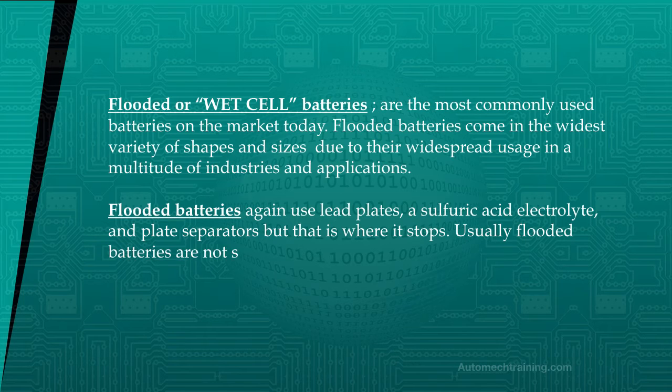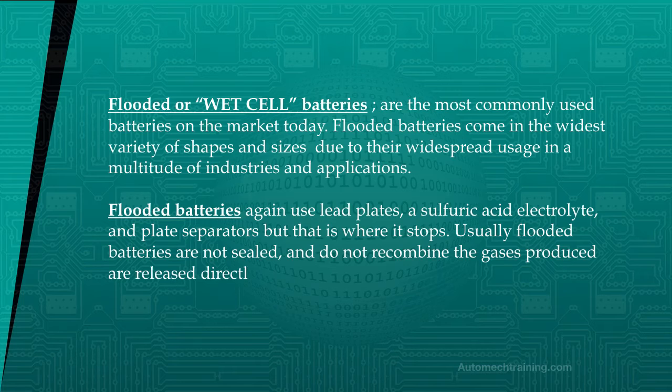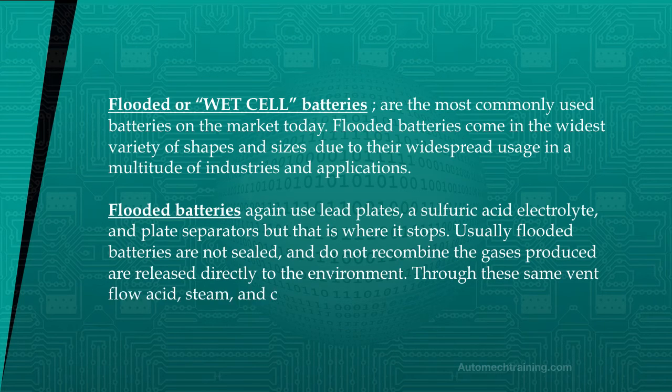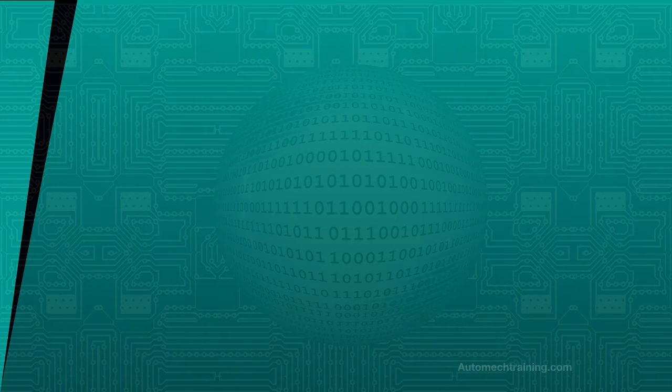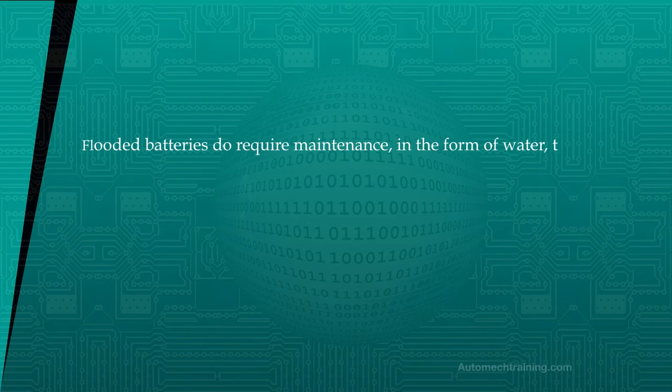Usually flooded batteries are not sealed, and do not recombine. The gases produced are released directly to the environment through vents, along with acid, steam, and condensation, leading to maintenance. Flooded batteries do require maintenance, in the form of water, to routinely replenish lost electrolytes through the vents.